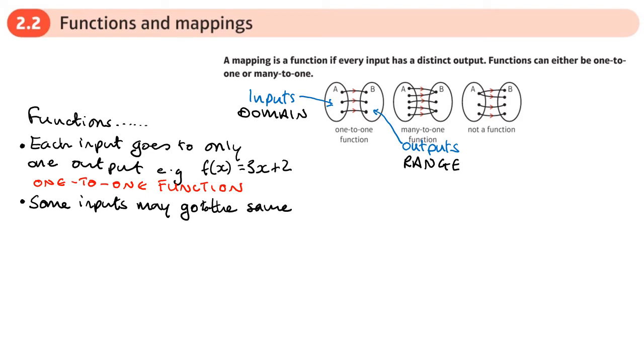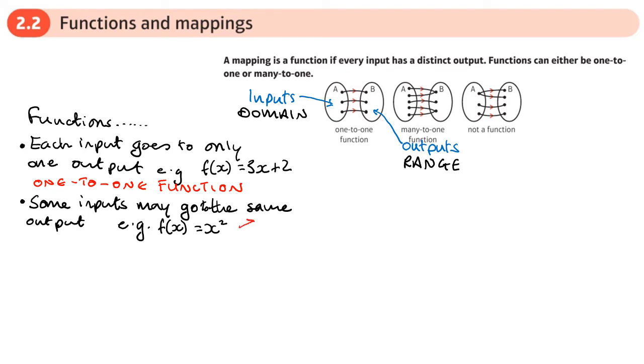So you put two different numbers in, and they go to the same output number. An example of that might be f of x equals x squared.